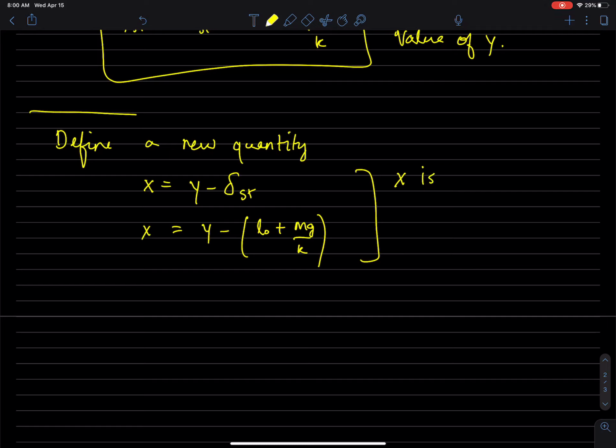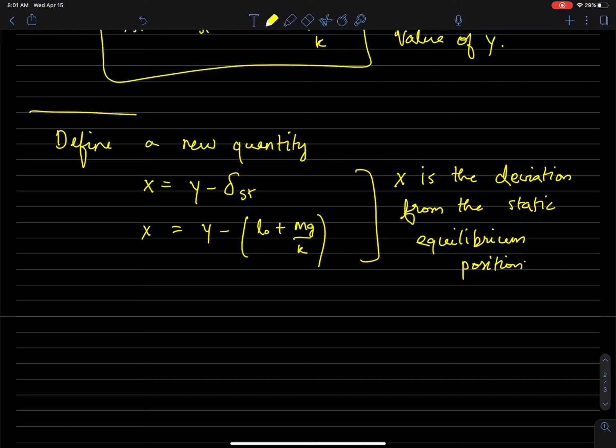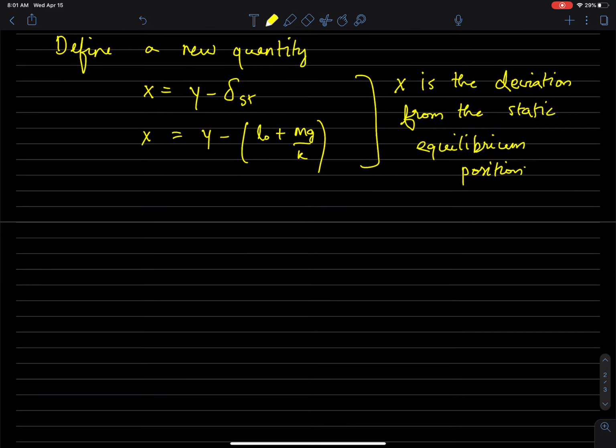x is the deflection or the deviation from the equilibrium, static equilibrium position. Okay, in the classic example, in the mx double dot plus kx equals 0, the example of mass going back and forth horizontally, we had defined x as the deviation from the unstretched length of the spring, which is also the static equilibrium position of the spring there.